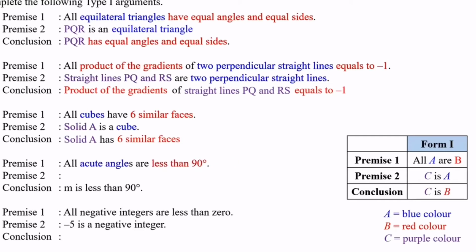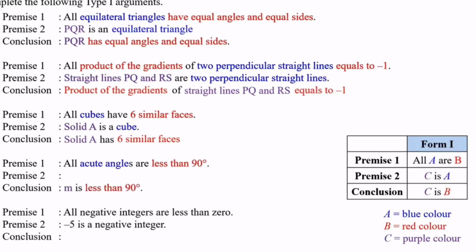The purple color we obtain from the conclusion; we use purple for the statement C. So let's study the conclusion. The purple color should be M. M is A, A is blue color, so M is an acute angle. We pair up: C is A, so C is purple color and A is blue color.